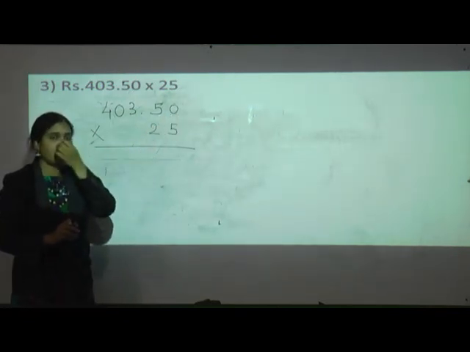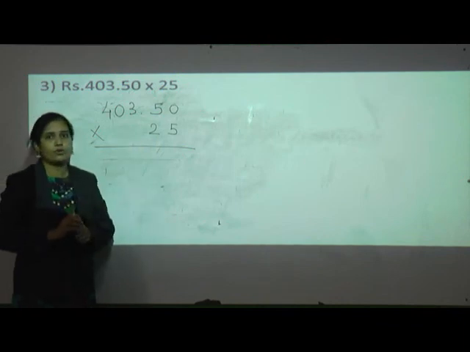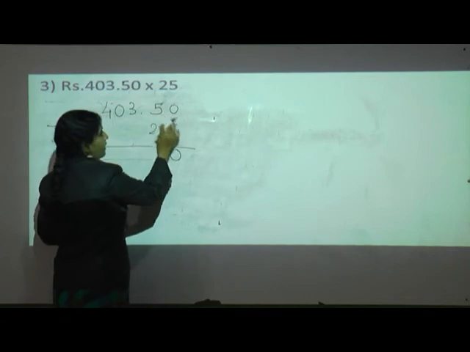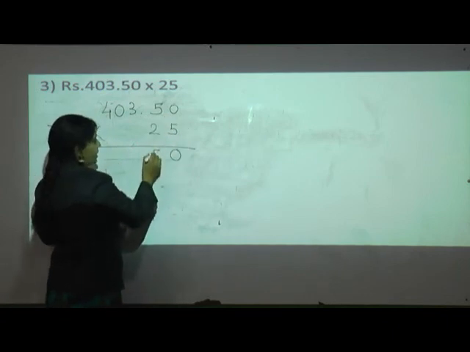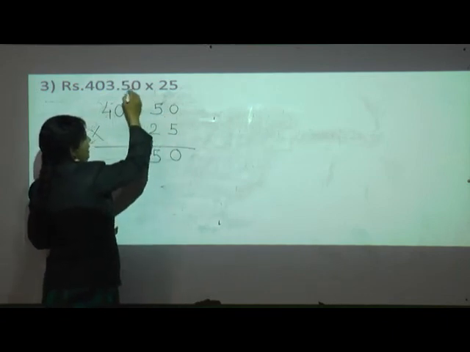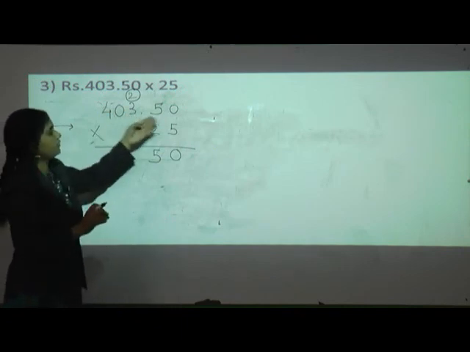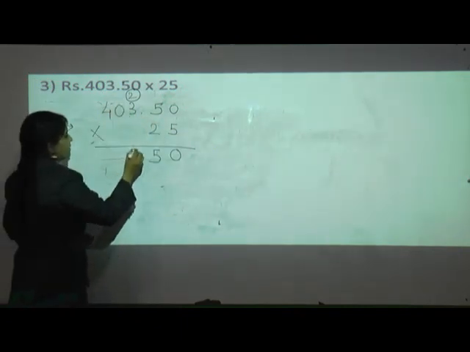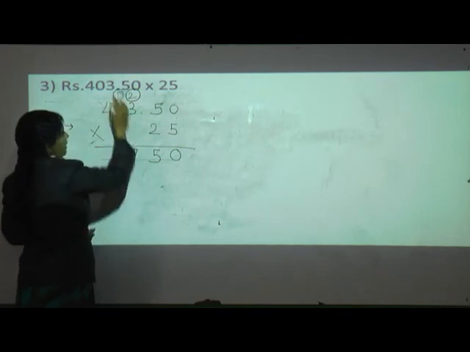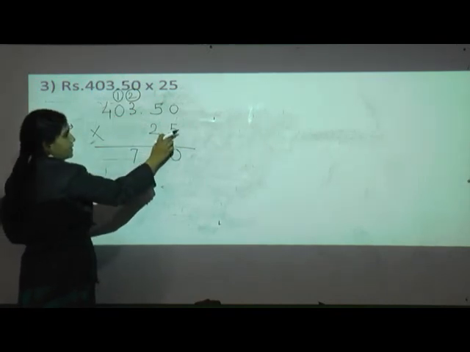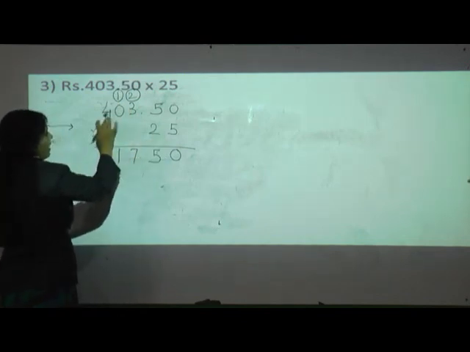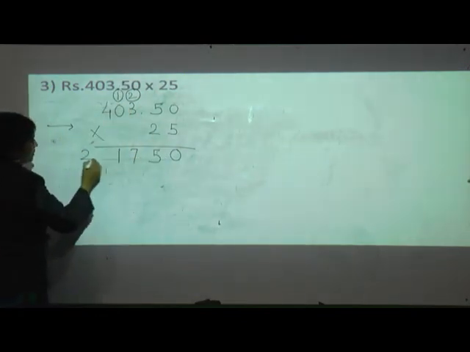If you multiply any number with 0, the product will be 0. 5 5s are 25. Here carry 2. 3 5s are 15. 15 plus 2, 17. Here 1. Again 5 multiplied by 0, 0. And here 1. 5 4s are 20.